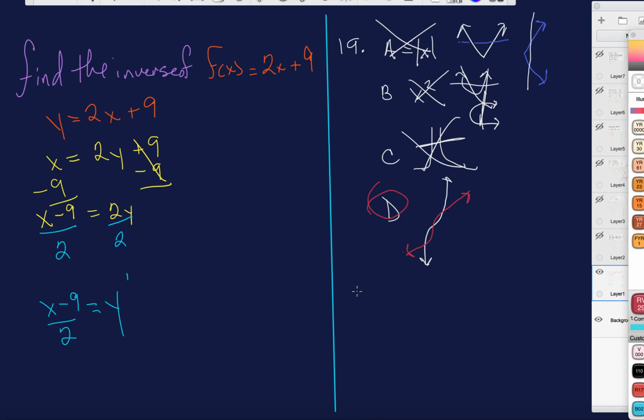The last one, number 20, is that problem that talks about the growth of the plant. Remember, find a value of height after some time.